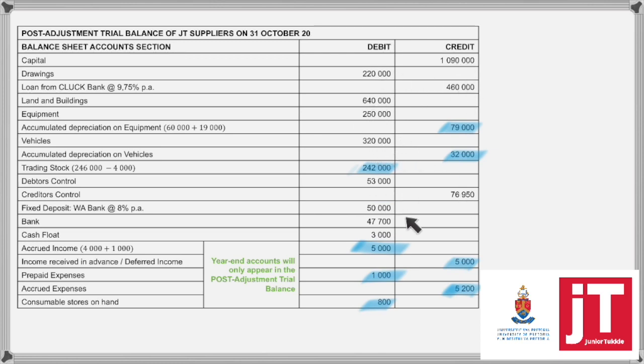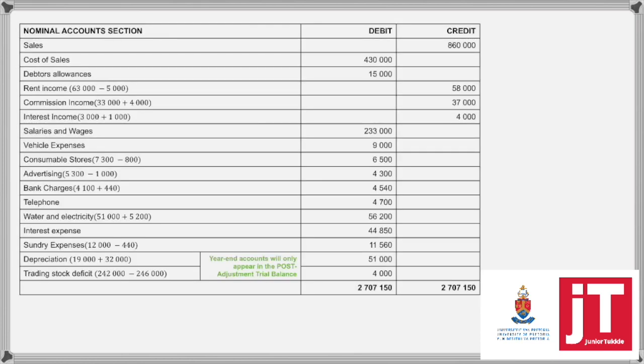So they're the same as the pre-adjustment because there's no adjustment for them. And then just note that these ones, accrued income, income received in advance or deferred income, prepaid expense, accrued expense, and consumables on hand. This is year-end accounts and will only appear in the post-adjustment trial balance and not in a pre-adjustment trial balance.